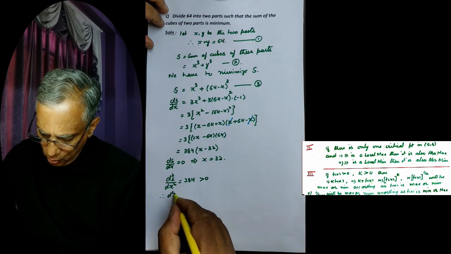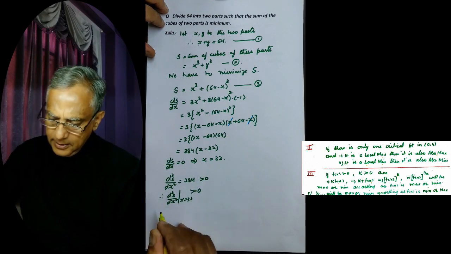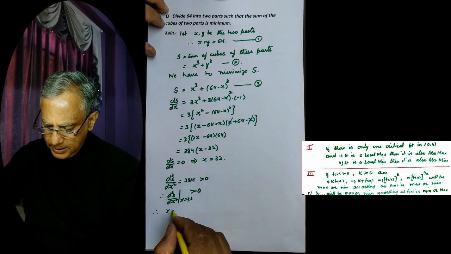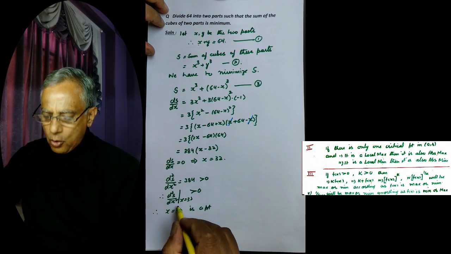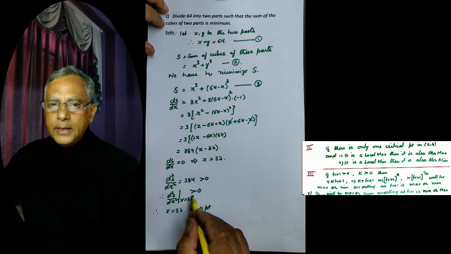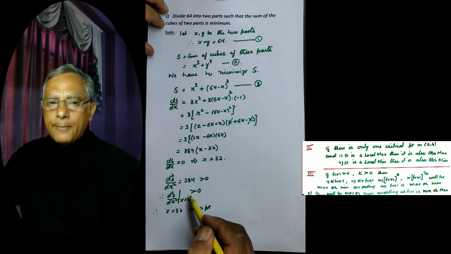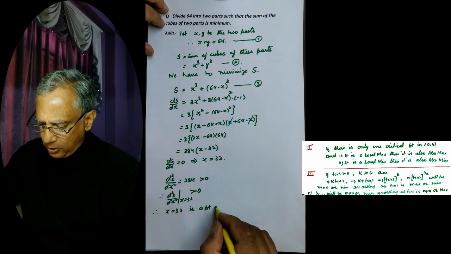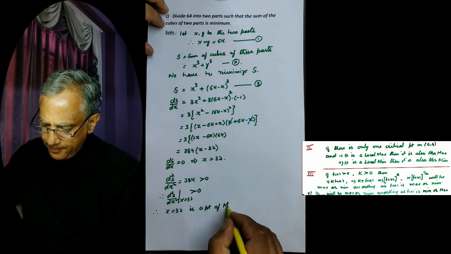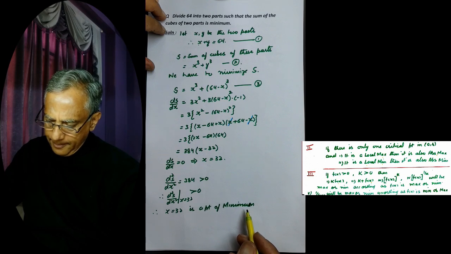Therefore, d2s by dx square at x equal to 32 is greater than 0. Therefore, x equal to 32 is a point of local minimum. But since we have only a single point, this will also be a point of absolute minimum. Therefore, x equal to 32 is a point of minimum.